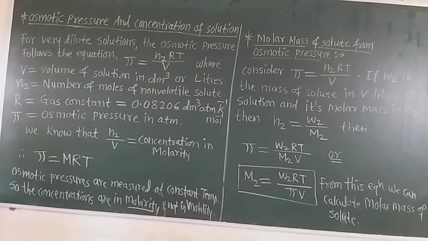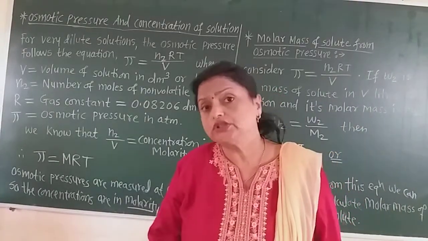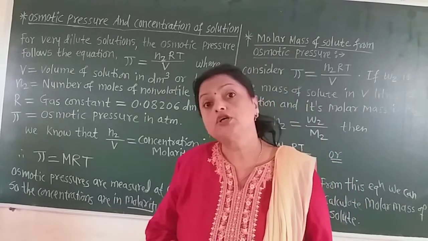Now we are learning the osmotic pressure and concentration of solution. That means we have to calculate the molar mass of the solute from this colligative property, that is the osmotic pressure. Now students, we know that the colligative property depends upon the number of solute particles present in the solution.